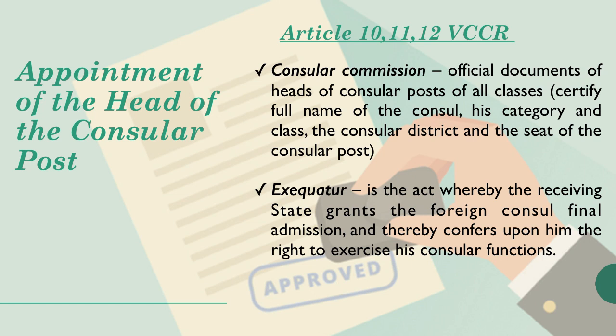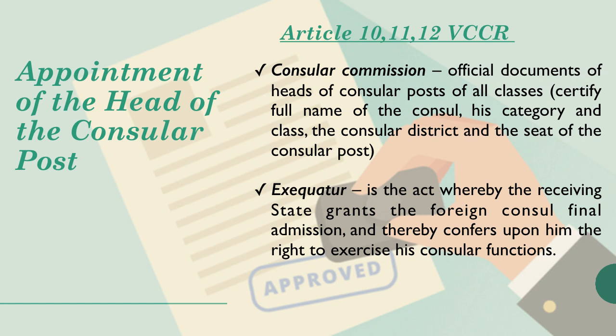If we compare consular relations with diplomatic relations, we can say that the consular commission is almost similar to the credentials of the head of a diplomatic mission, and the exequatur is close to the agrément in diplomatic law. According to Article 12 of the Vienna Convention, the head of a consular post is admitted to the exercise of his functions by any authorization from the receiving state termed an exequatur, whatever the form of this authorization.